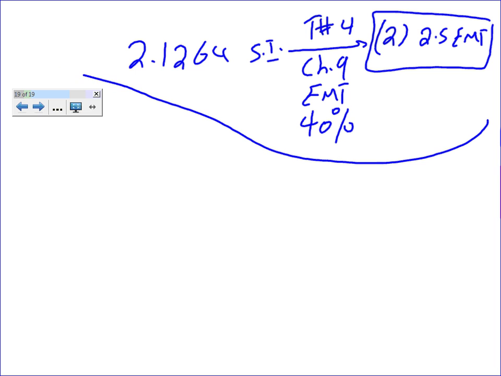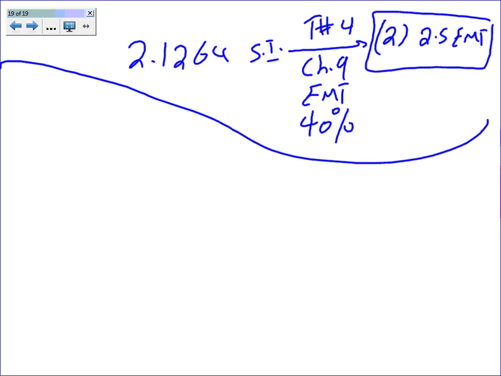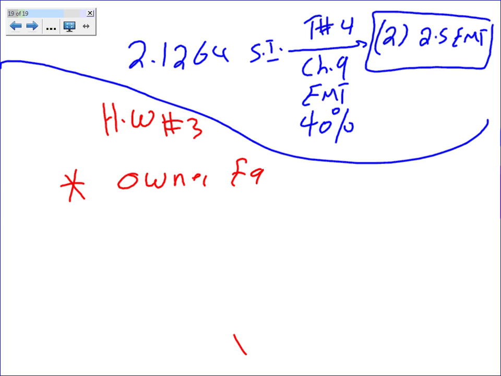Homework number 3. Here's a description of the system that you have. We did mechanical, right? I'm going to have an owner equipment panel.